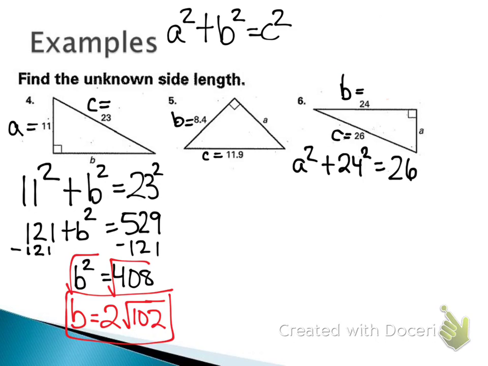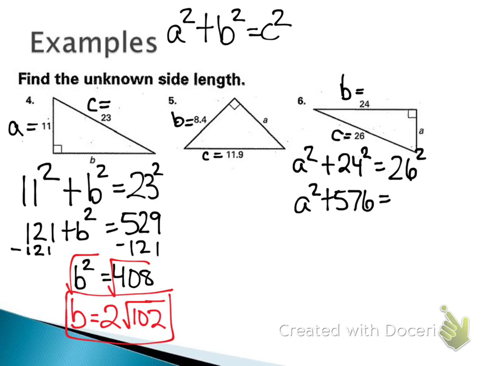Very good. A squared plus 24 squared equals 26 squared. We don't know A. We labeled B and C. We plugged those in. Now from a previous problem, we might already remember what 24 squared is. 576.